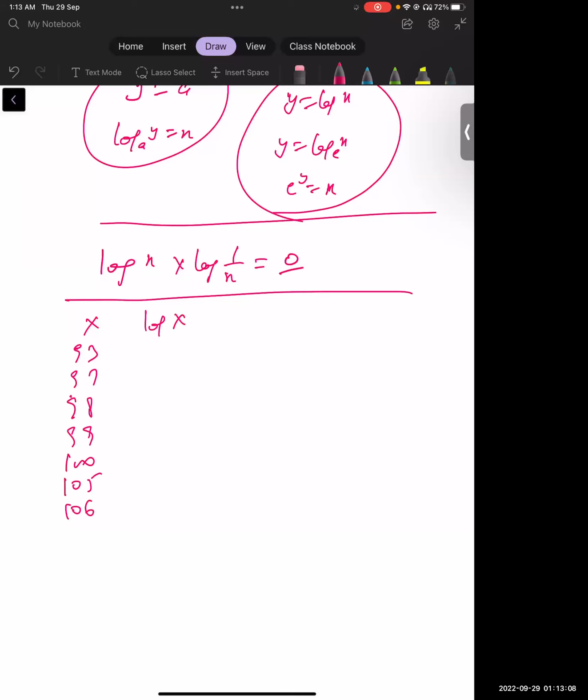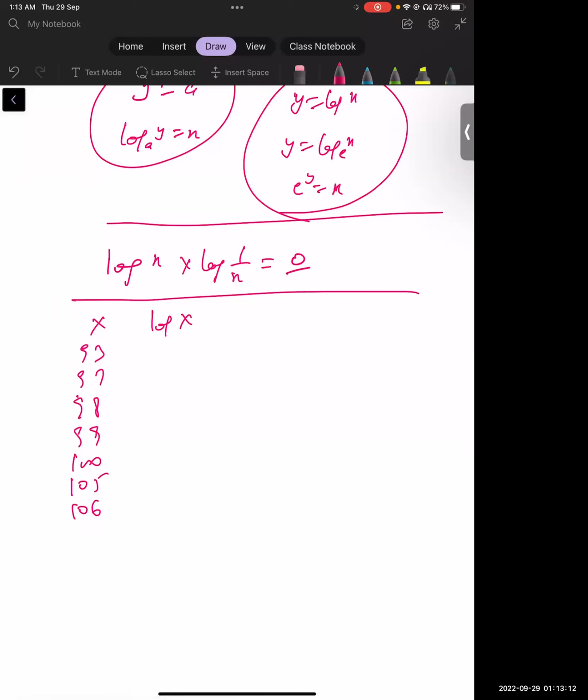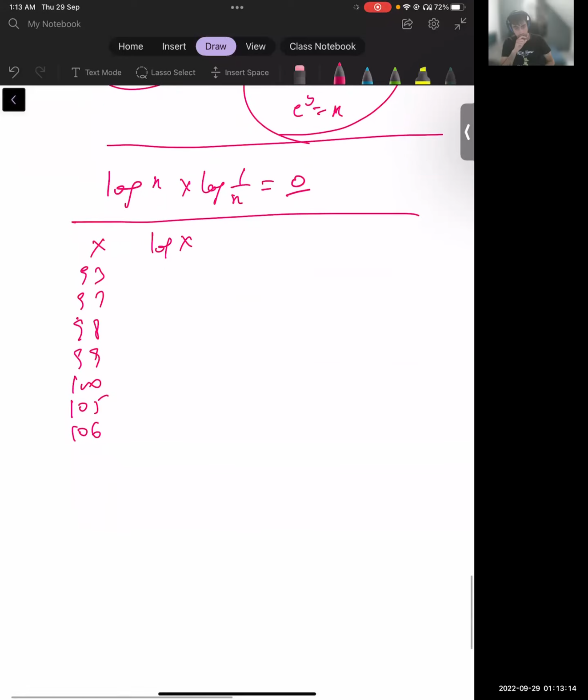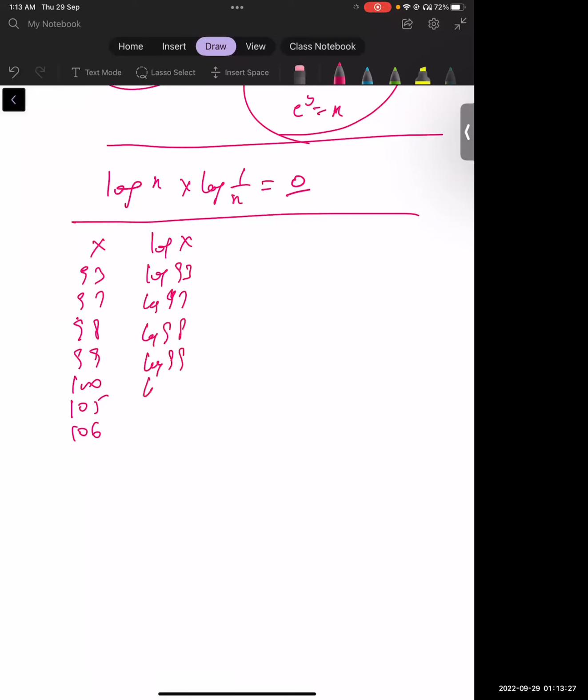And if I ask you to calculate log x, can you calculate log x? Yeah, it would be log 93 to the base 10. Then it will be log 97, and the values of log you can calculate from the log table. Do you know how to see the log table also?